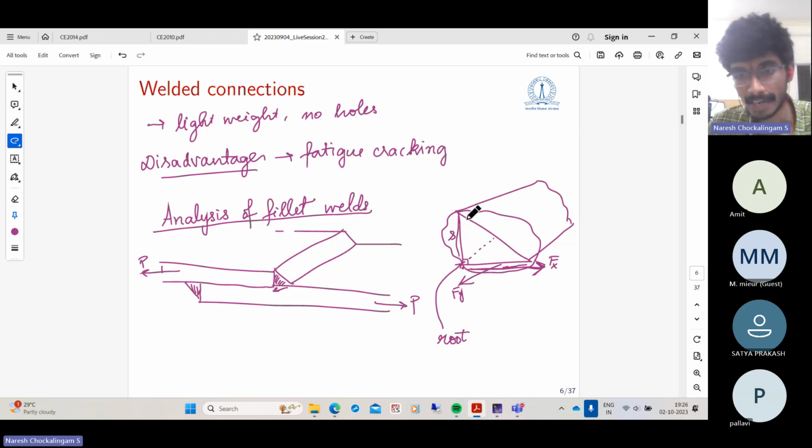If this is an isosceles right triangle, then the line bisecting the right angle is the smallest cross section in the weld. This smallest cross section in the weld is known as the throat of the weld. This length is called the throat thickness, the nominal or effective throat thickness TT.